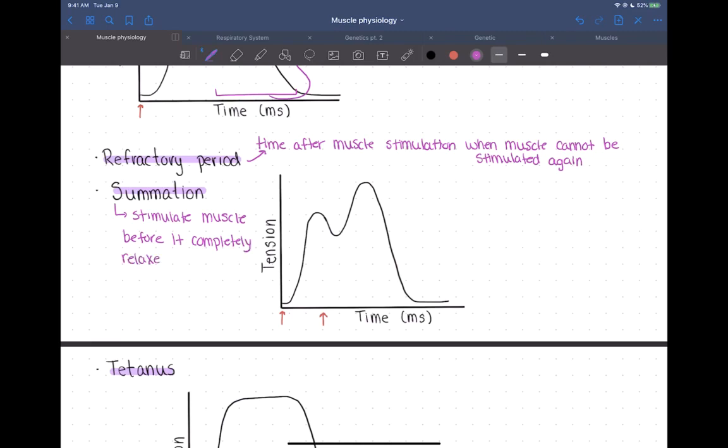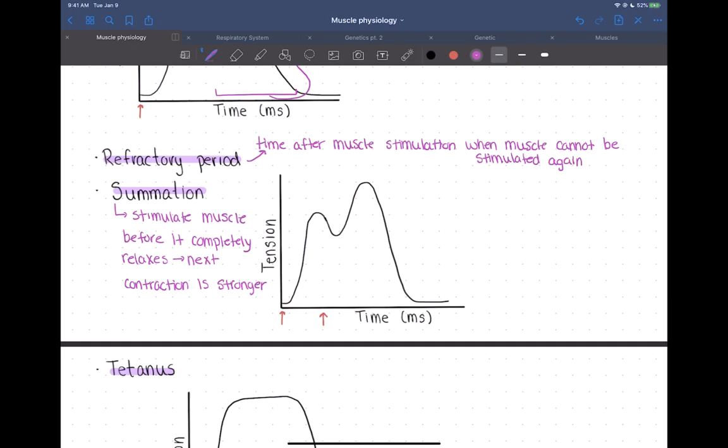And what happens is that you get a stronger contraction the next time. That next stimulation, that next contraction is stronger. You're adding on to that previous one. That's why it's called summation.